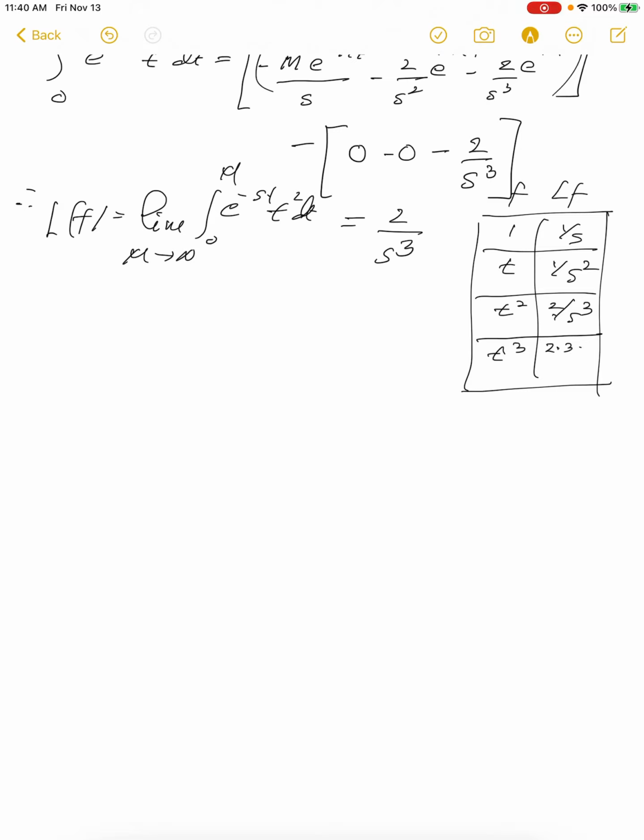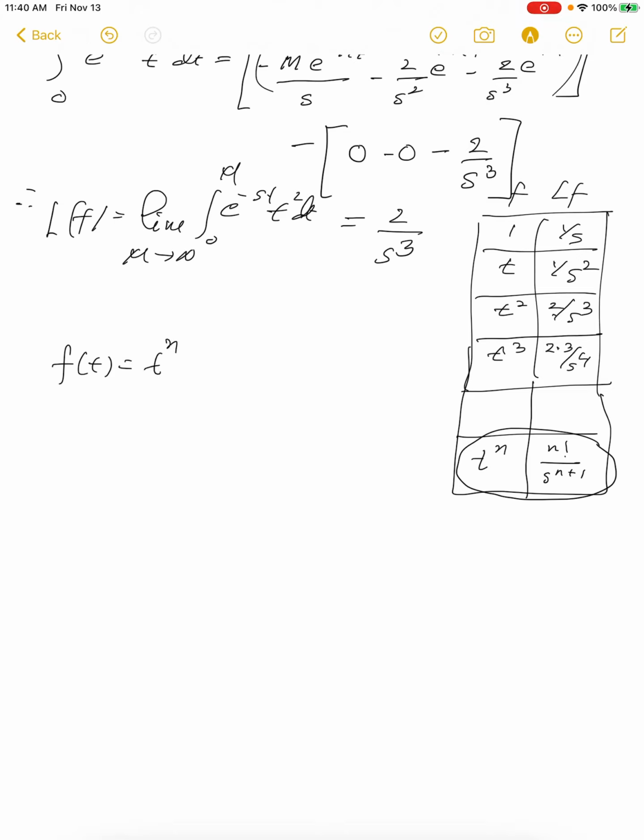So what's going to happen if you keep on differentiating? You will arrive at the formula: the Laplace transform of t to the n will be factorial n over s to the n plus 1. So that's the first important rule. If f of t is t to the n, then the Laplace transform of f at s is factorial n over s to the n plus 1.